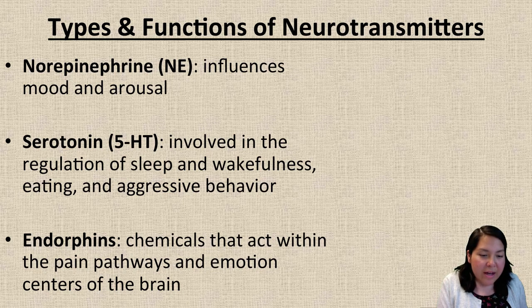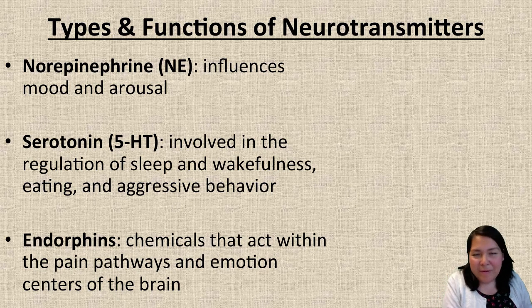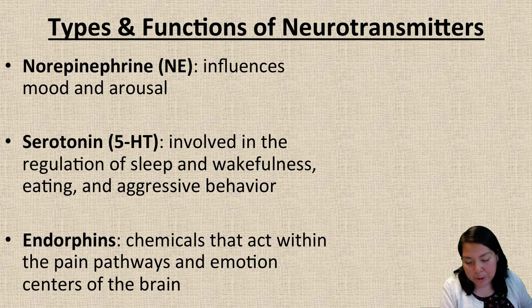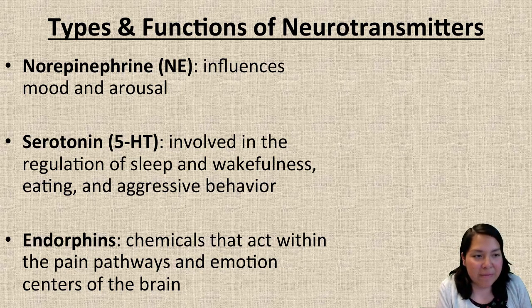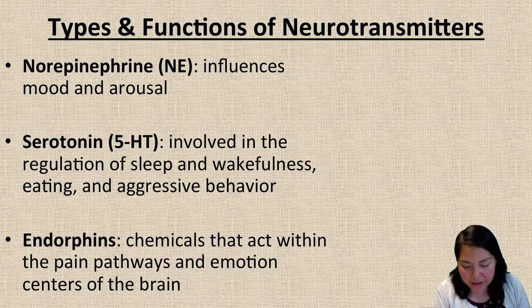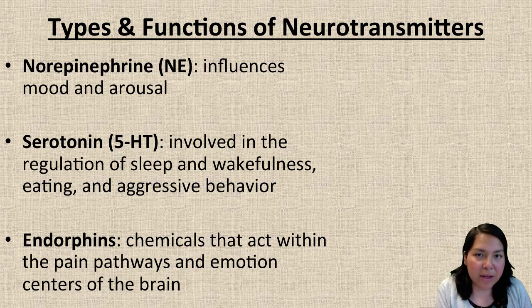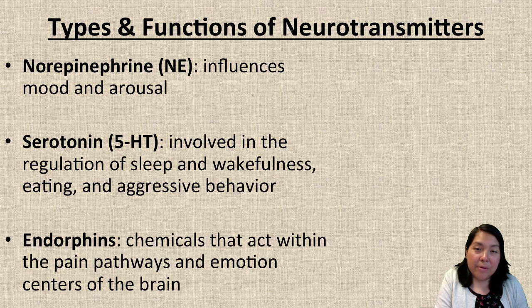Maybe we see a dog running after us. It's any type of environment where we sense there may be danger. And norepinephrine paired with serotonin have also been associated with mood disorders. Low levels of norepinephrine or serotonin are linked with depression, for example.